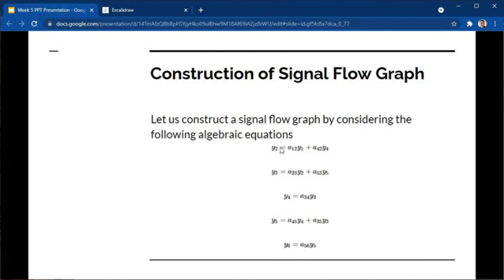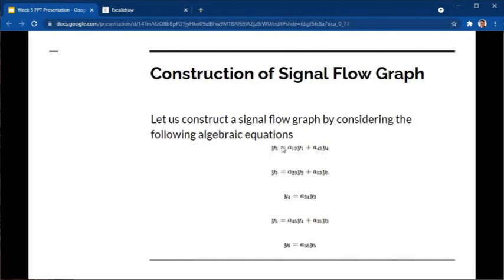First, we have y sub 2. y sub 2 is equal to a sub 1 times y sub 1 plus a sub 4 times y sub 4. Now this is the sum of these signals.